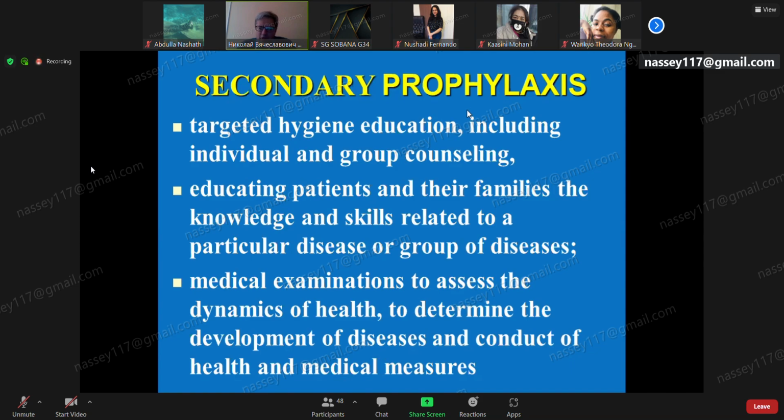Now let's enumerate the main methods of secondary prophylaxis, as a system directed at early detection and prevention of any unfavorable events.